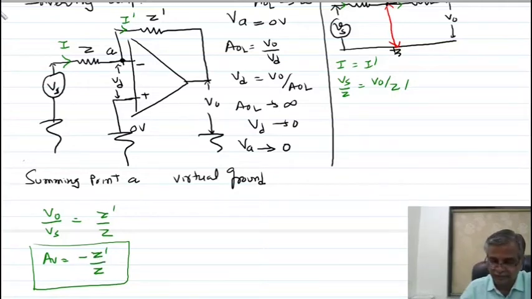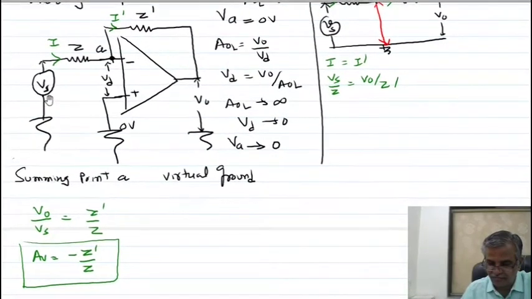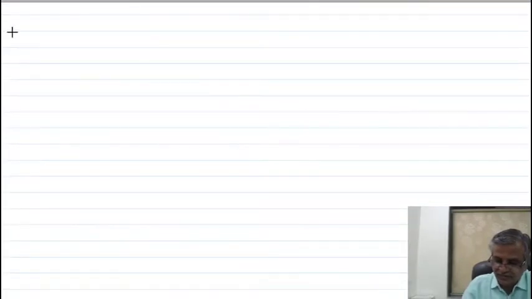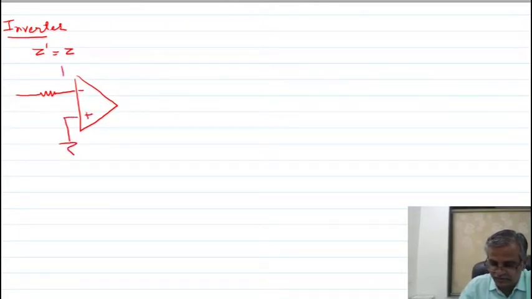In an inverter circuit, if I take Zs equal to Z in a basic inverting amplifier circuit, then my circuit diagram is as shown in the figure.